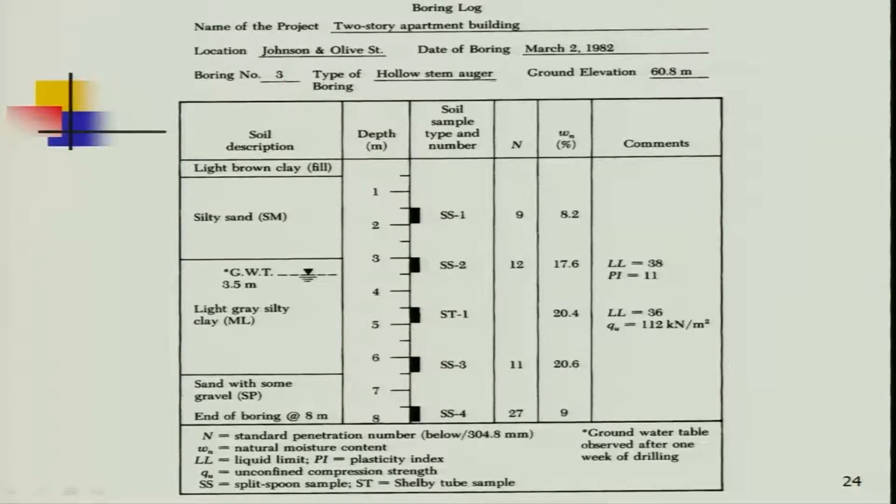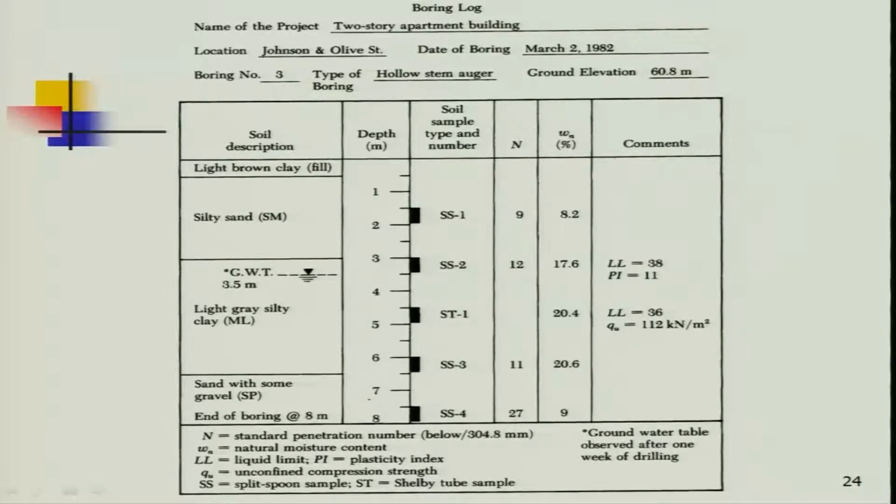Type of boring: hollow stem auger, done mechanically by drilling machines. Ground elevation where you are doing the boring is 60.8 meter. This is just an example; depth is marked 1, 2, 3, 4, 5, 6, 7, 8.